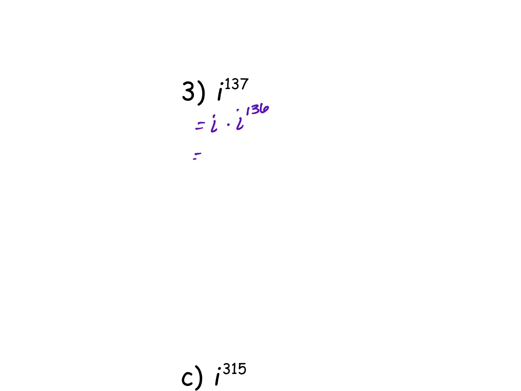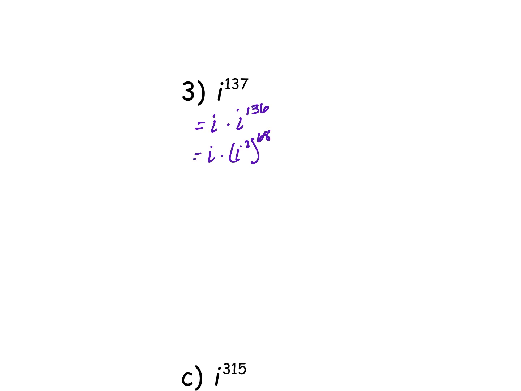So then I want to write this as i squared to what? 2 times what is 136? I don't know. I'm going to get out my calculator. 68. How did I find that? I took 136 and divided by 2. Yeah, 136 divided by 2, right?